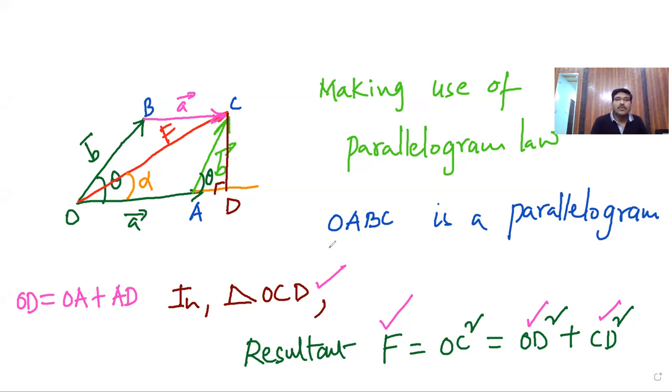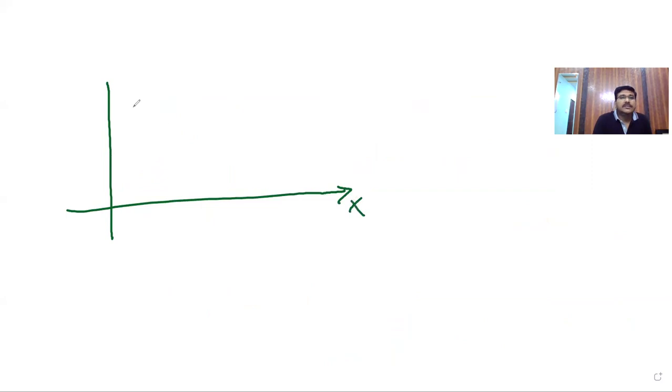Clear? Now, observe. For your clarity, I am drawing the triangle once again. This is the x-axis. This is the y-axis, origin.